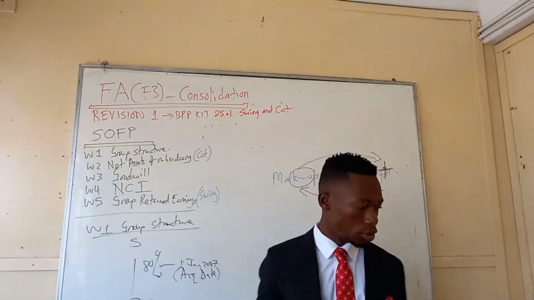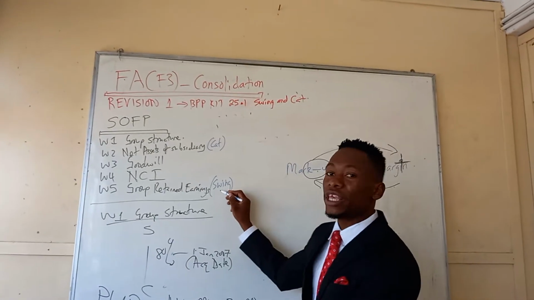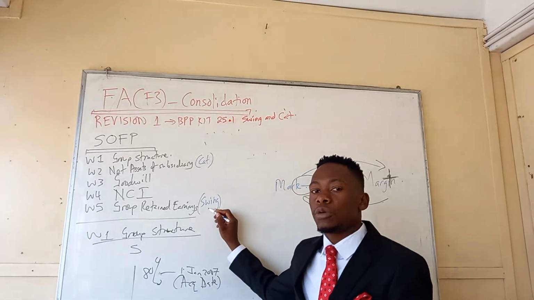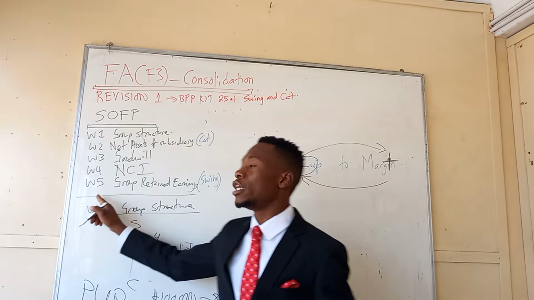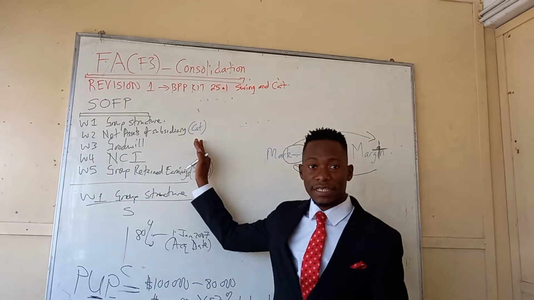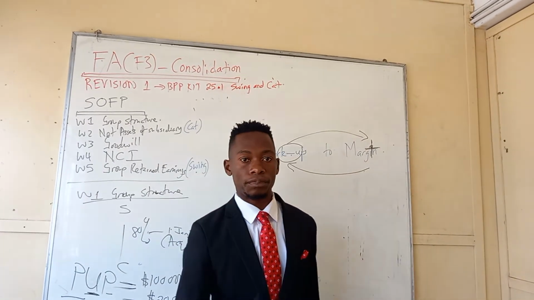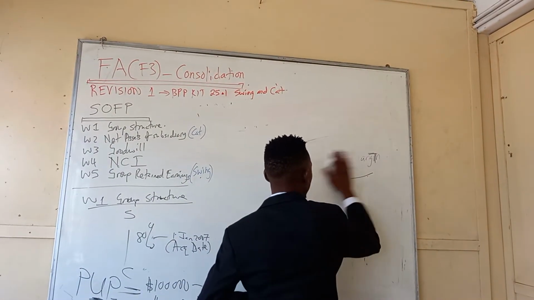So who sold the goods? They are telling us that Swing sold the goods, meaning that Swing is the one who made the profit. So we are going to eliminate that profit in W5. If the subsidiary was the seller, we would eliminate the PUP in working 2. So we move on now to W2.